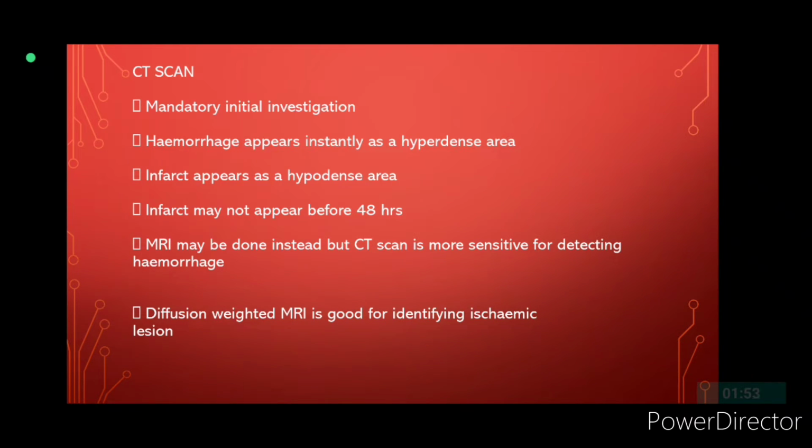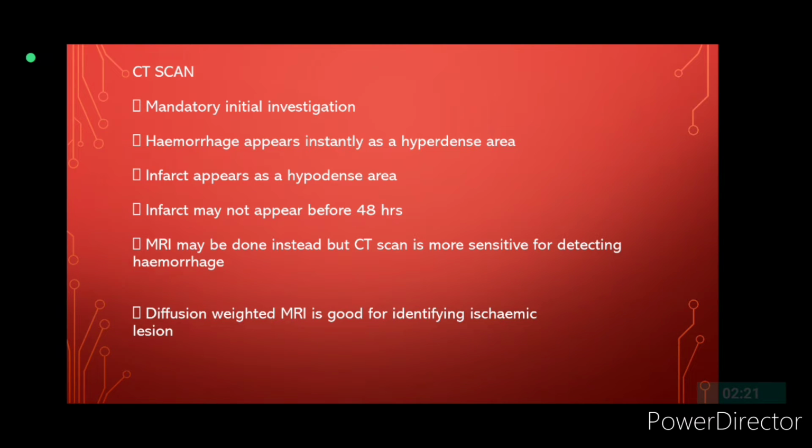CT scan. First point, mandatory initial investigation. Second point, hemorrhage appears instantly as a hyperdense area. Third point, infarct appears as a hypodense area.